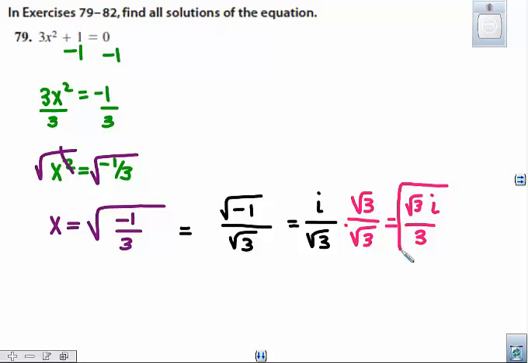The real number goes in front of the i. And I apologize, I did leave something off. When you take square root, you need to remember your plus or minus. Okay, so this should be plus or minus square root of 3 over 3i. Okay, and technically, this whole thing is your b, so you could have your i here. Either way, it's fine.